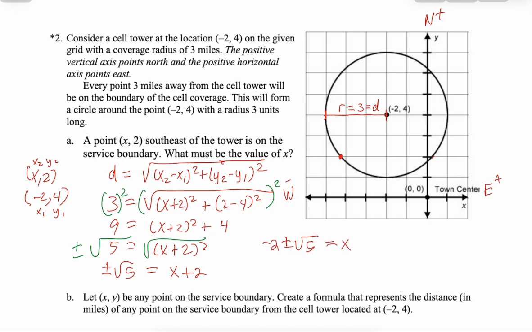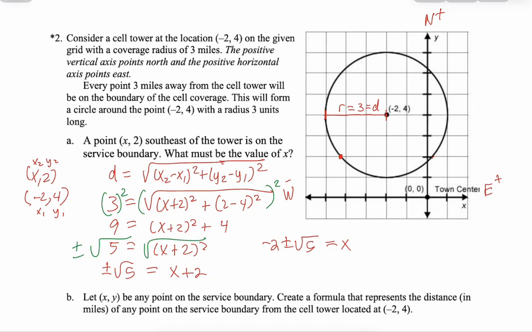Now, the square root of 5 is a number just super close to 2 point something. So that makes sense that if we take 2 point something and subtract 2, that's this little value right there. And then if we take -2 and we subtract 2, we got just a little bit over the -4 spot. So it makes sense.